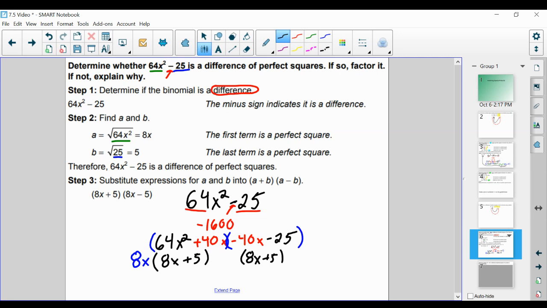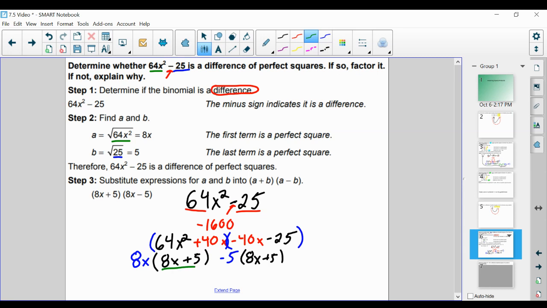Well, in order for that to happen, we have to divide out by negative 5. Let's just double check that works in the other term. We started with negative 25. I want to get to positive 5. So that means negative 25 divided by negative 5 is indeed positive 5.